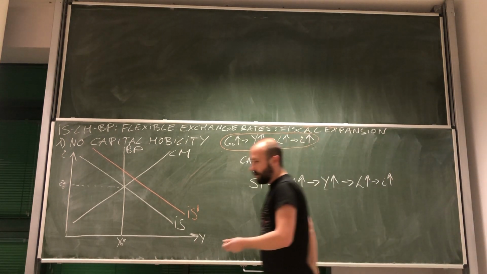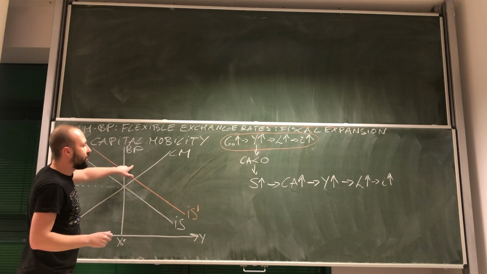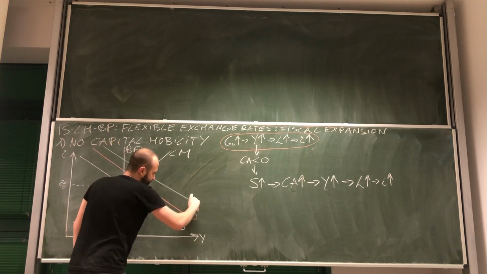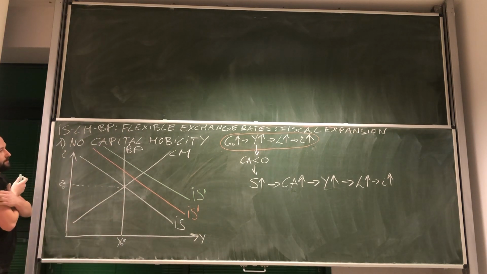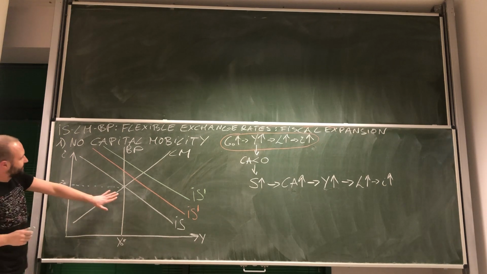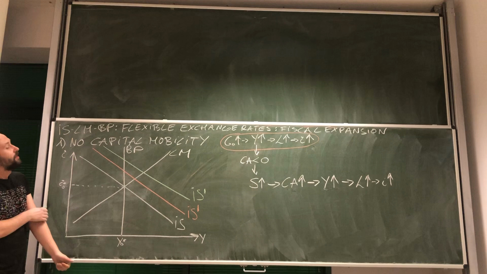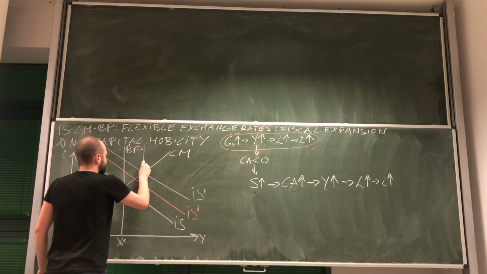So what we need to do now? IS moves even further to the right, and BP, as an outcome of depreciation, also moves to the right.